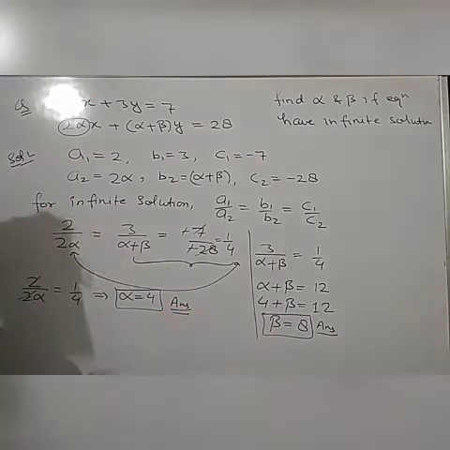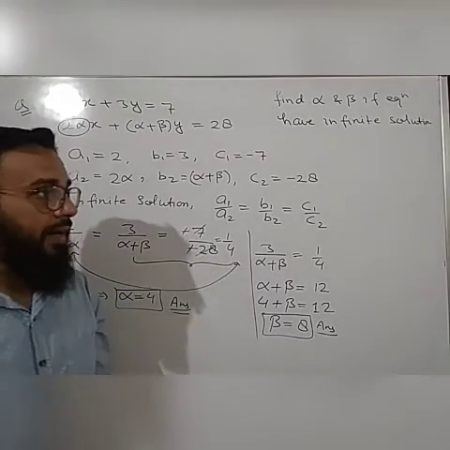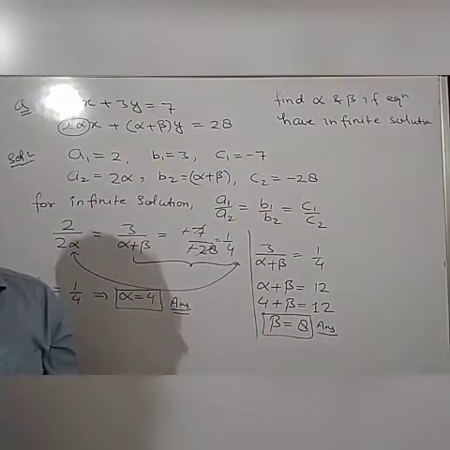So the answer is alpha equal to 4 and beta equal to 8. Okay, so in this way we can find the values of unknowns whenever the conditions are given for the pair of linear equations.